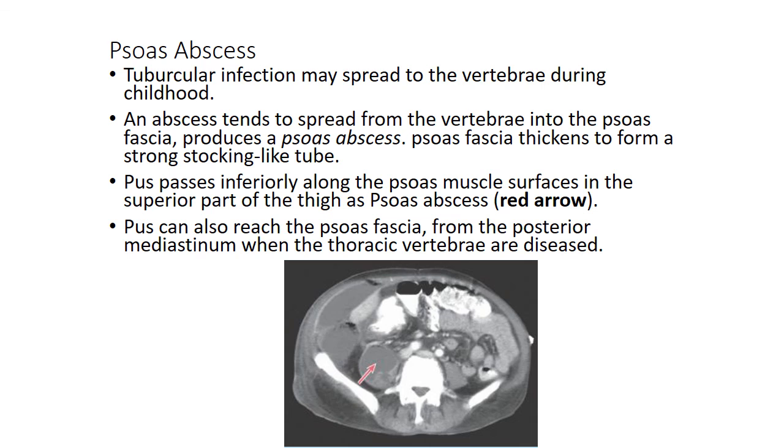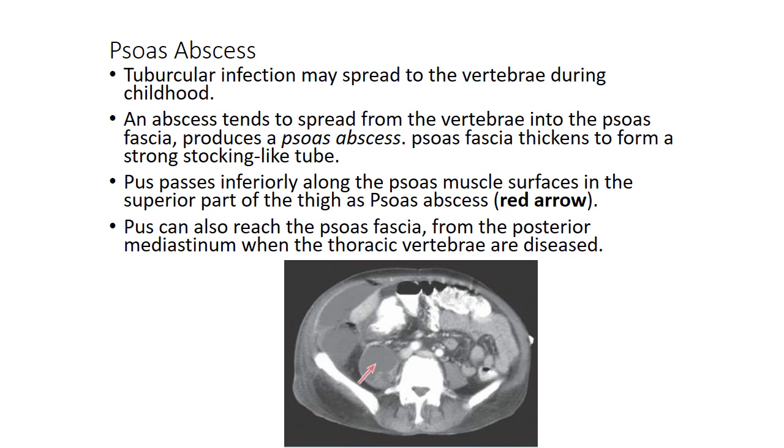The psoas fascia, in that case, reacts and thickens to form a strong stocking-like tube. So the psoas fascia is thickened in reaction to the psoas abscess, which is usually between the muscle and the fascia, and pus passes inferiorly.